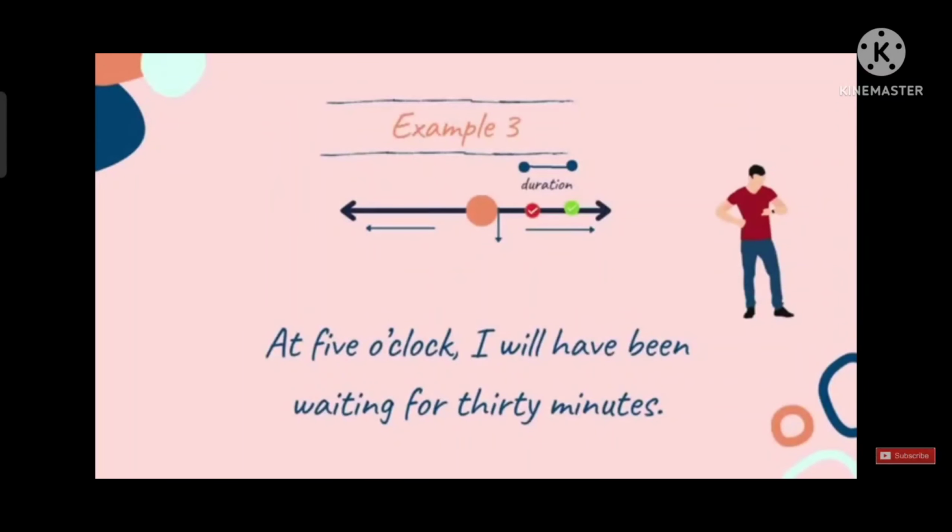At 5 o'clock, I will have been waiting for 30 minutes. Here, the activity of waiting will have already started sometime in the past. It would be a continuous process until 5 o'clock, and the duration would be approximately 30 minutes.